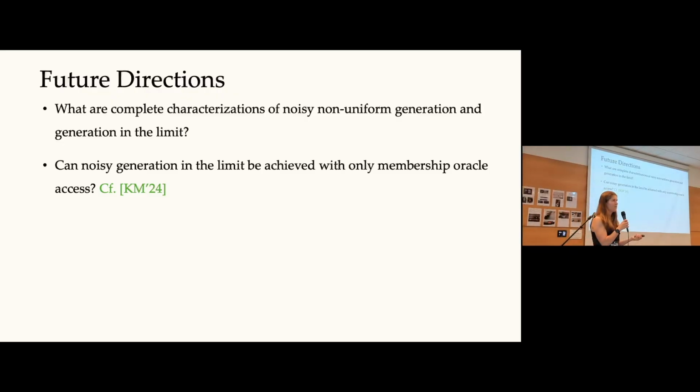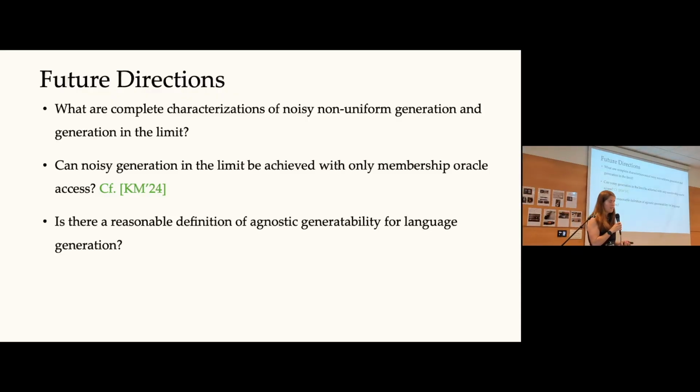And all we know so far is that non-uniform generation implies this noisy generation in the limit, but there's still this question of, is that a necessary implication, or is there a way to achieve noisy generation with only membership queries?